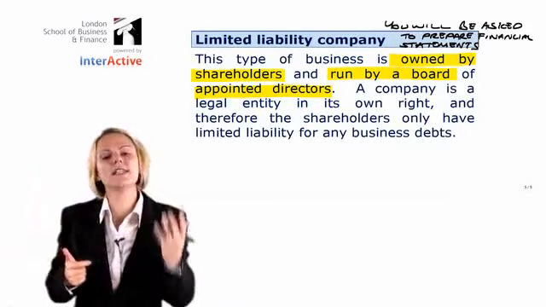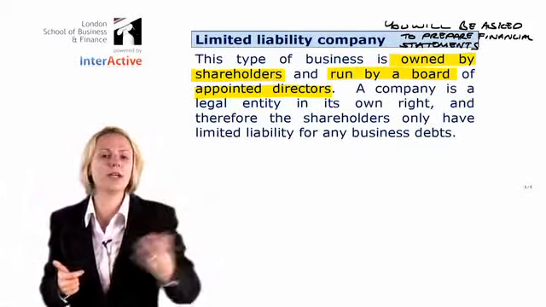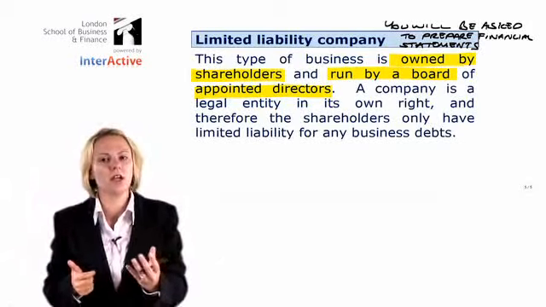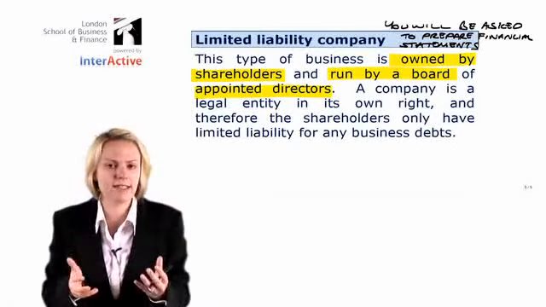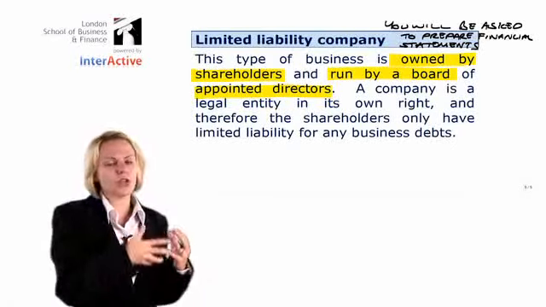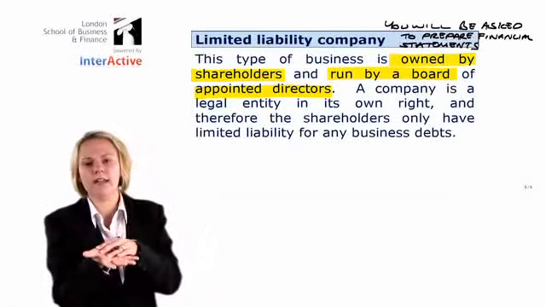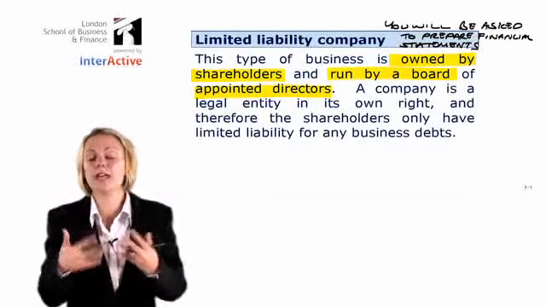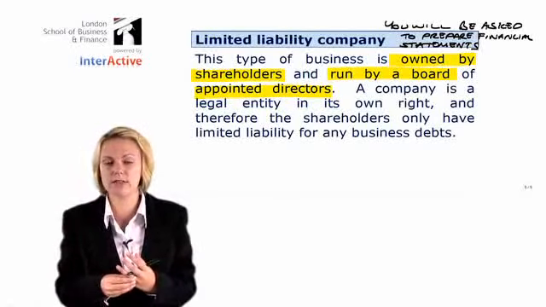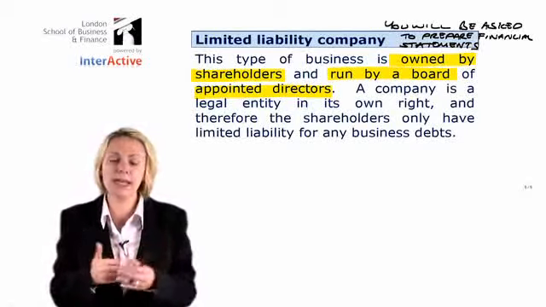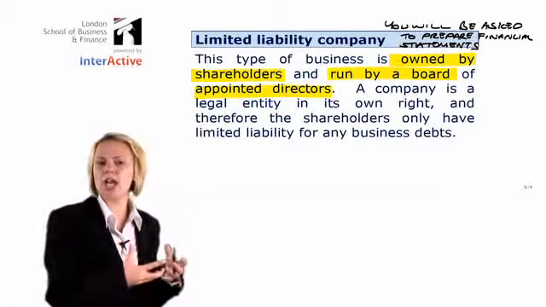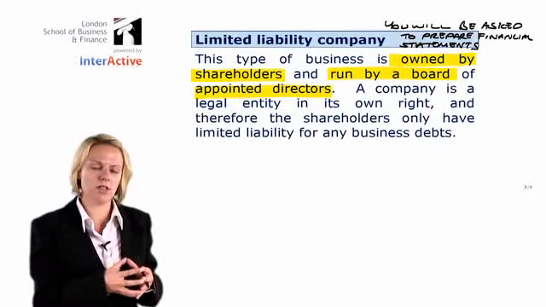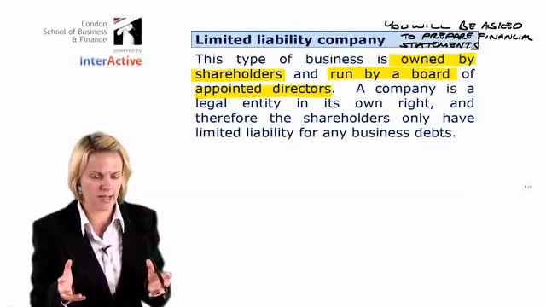Okay? And in the eyes of the law, if a company cannot pay its debts, well, then the company can't pay its debts. It's not up to the owners or the shareholders to put extra money in to pay those debts. The business needs to be generating enough cash to pay its own debts. And if the business cannot pay its own debts, well, the shareholders, the owners of the business, will not be chased up for those debts.